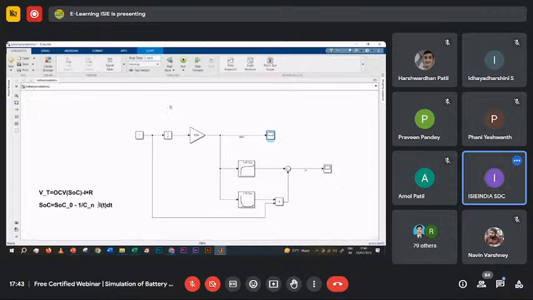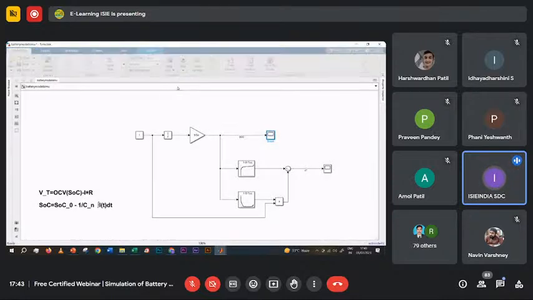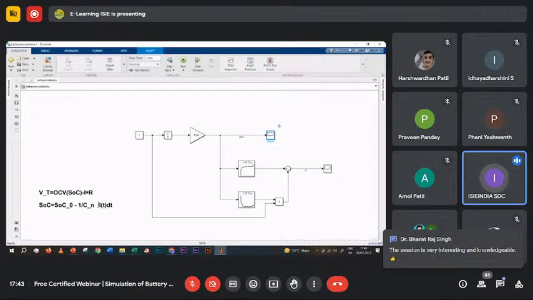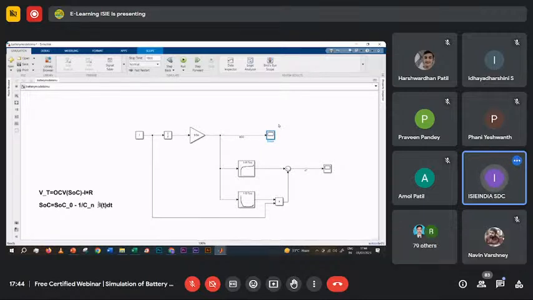In 1800 seconds, we can see here the value of SOC has reached towards 100%. So this is how we can analyze the battery: if we increase or decrease the value of current, how much time it takes to fully charge or fully discharge the battery pack.